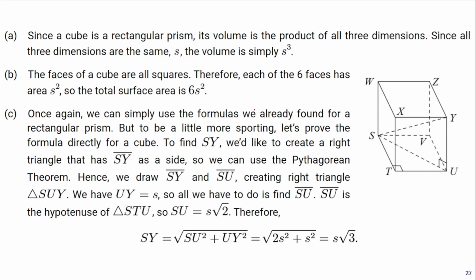We have UY equals s, so all we have to do is to find the segment SU. SU is the hypotenuse of triangle STU, so SU equals s times square root 2. Therefore, we have length of SY equals square root of SU squared plus UY squared, which gives us s times square root 3. Again, you could use either method to find the space diagonal of a cube.